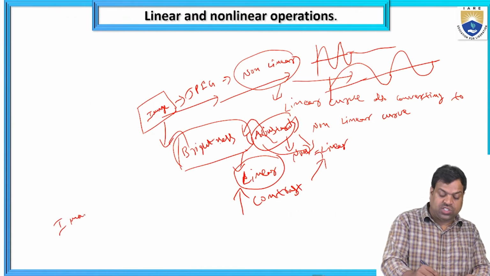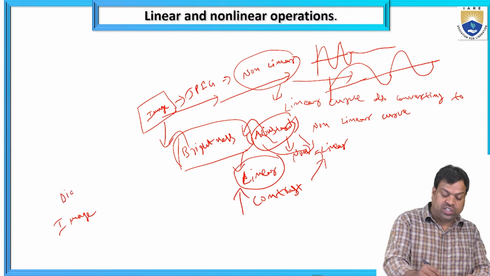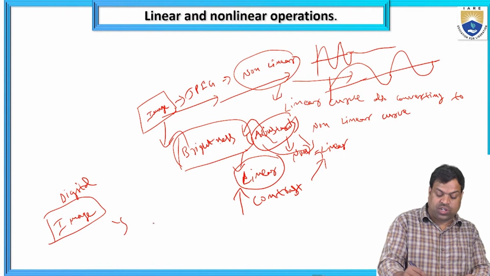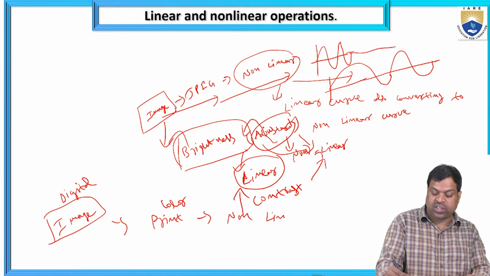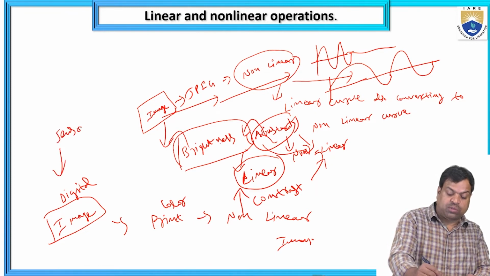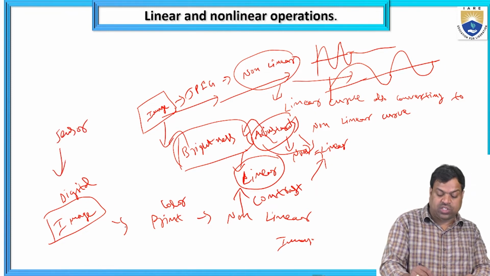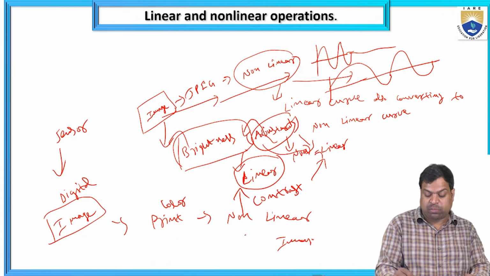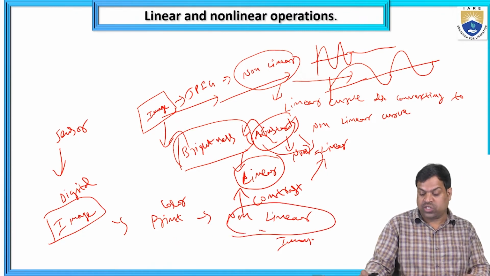This image is a digital image. When I convert this digital image to a color print, it is called a non-linear image. Sensors capture the digital image, and converting that digital image to a color print is a non-linear operation.